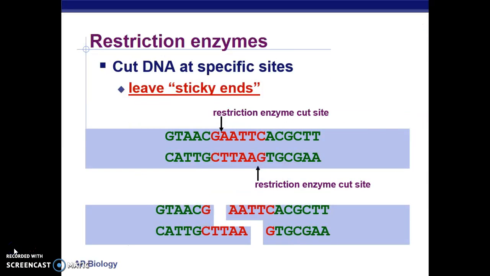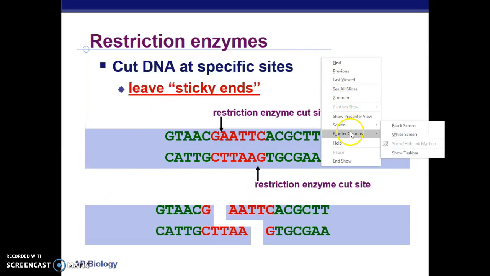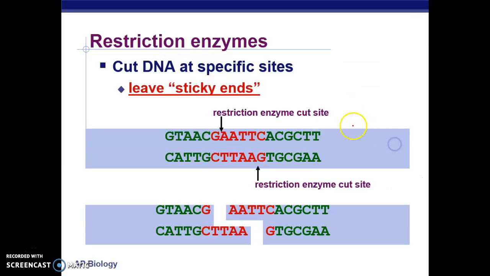So here is just another example of what sticky ends are. Let me get the pen out. If we take a look, we have this sequence here that the restriction enzyme recognizes.